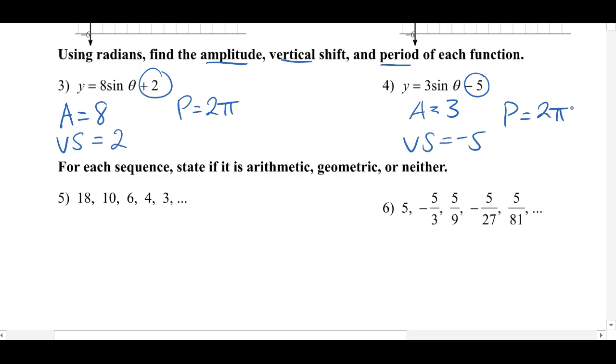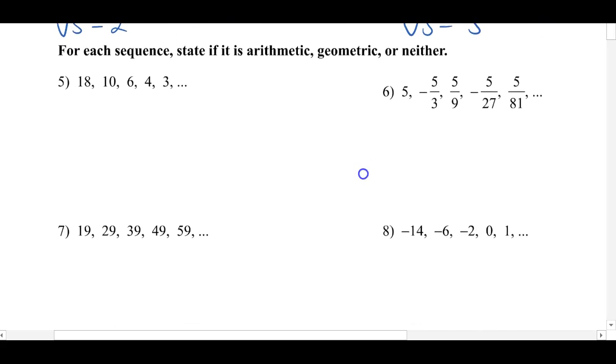Okay. Now for each sequence on this next one, state if it is arithmetic, geometric, or neither. So what you need to do is you need to test out a couple things. First, you want to see if there's a ratio, so find a ratio, and then see if there is a difference. Okay, so first, let's see if there's a ratio.